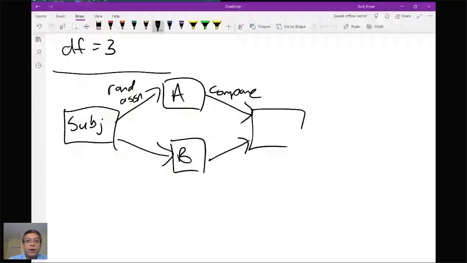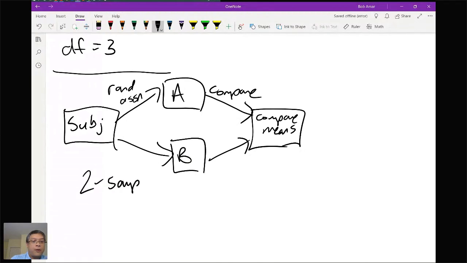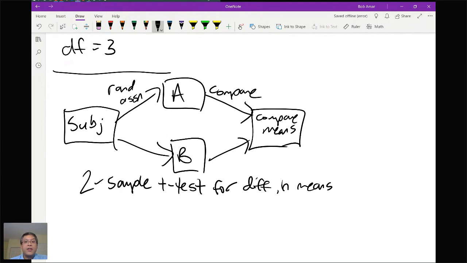So let's say we were going to compare means. Then this is a 2 sample t-test for the difference in means. Okay, so you've got a 2 sample t-test for a difference in means when you have a completely randomized design.